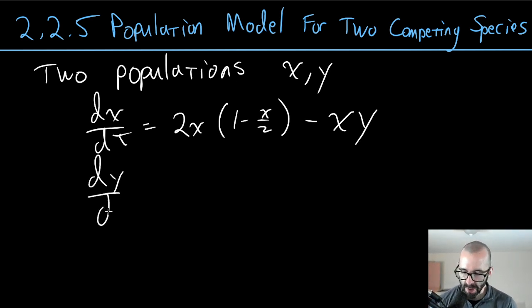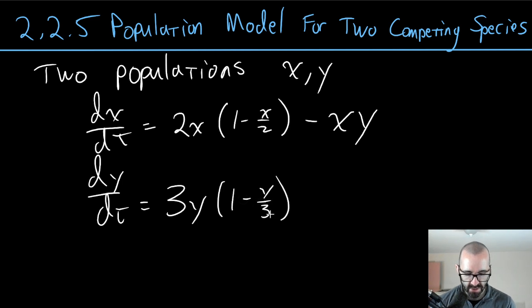I'm going to say we have another population as well, dy dt. And that population grows according to this model. Again, it starts off with logistic growth. It has a faster growth rate. It has a bigger carrying capacity. The second population is looking pretty strong, right?